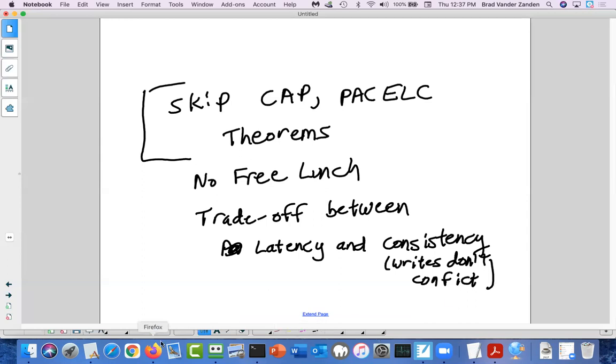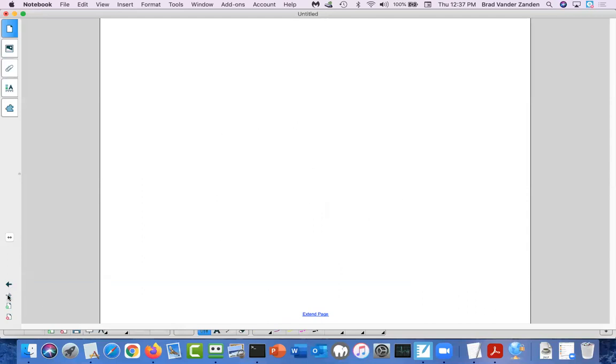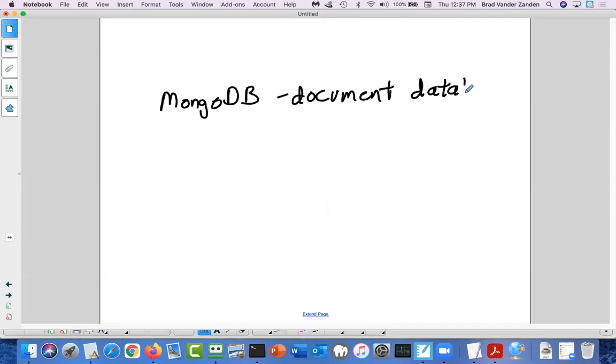Okay. So MongoDB is probably the most commonly used NoSQL database, and it's what's called a document database. So in MongoDB, you have what are called collections of documents.